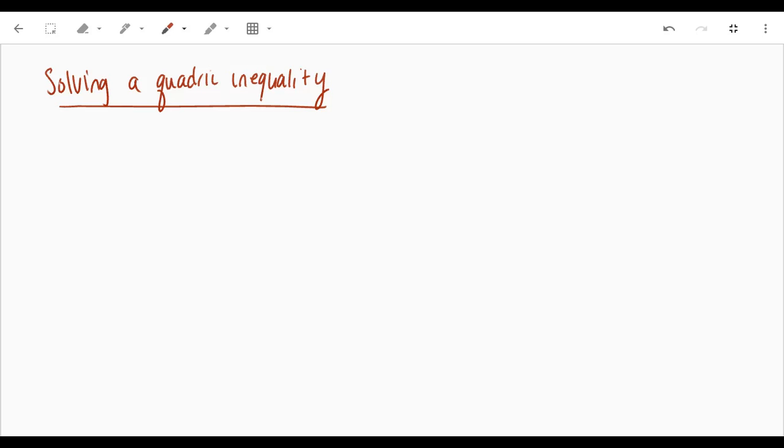Okay. Now we have solving a quadratic inequality, similar to what we just did. Graph the solution to the following inequality on the number line. Okay, so, and I spelled quadratic wrong.